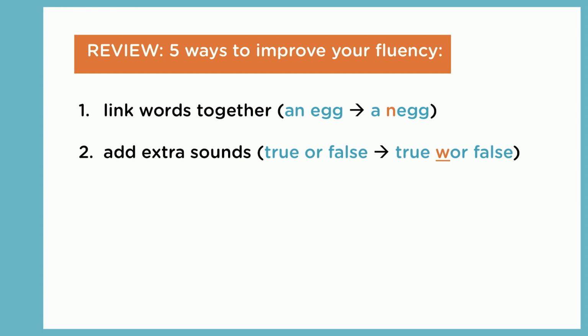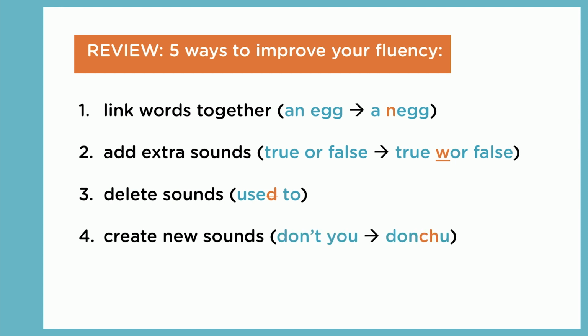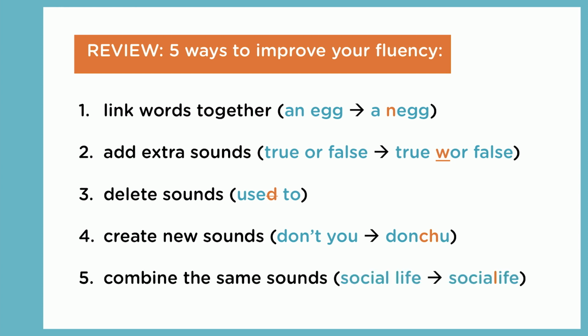Got it. Number 3, we often delete sounds, used to, for example. We create new sounds, so don't you becomes don't you. And then number 5, you can combine the same sounds. So for example, social life ends with l, starts with l, becomes social life.